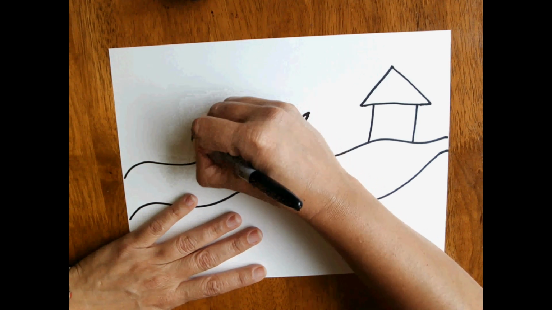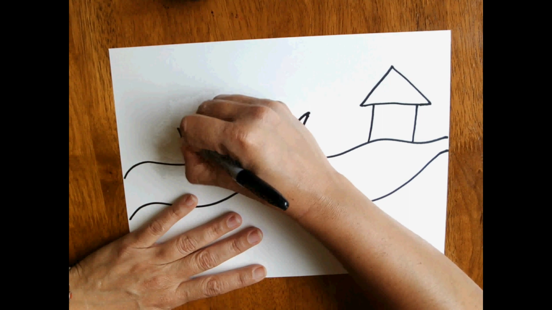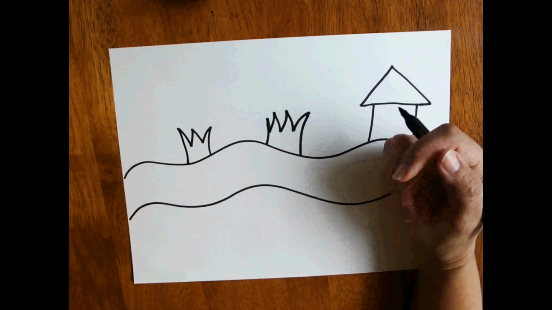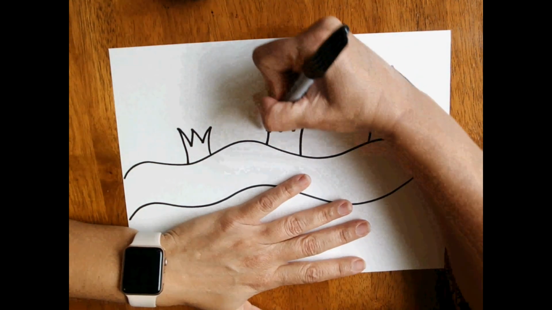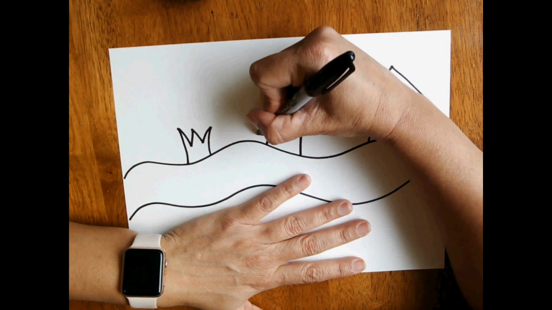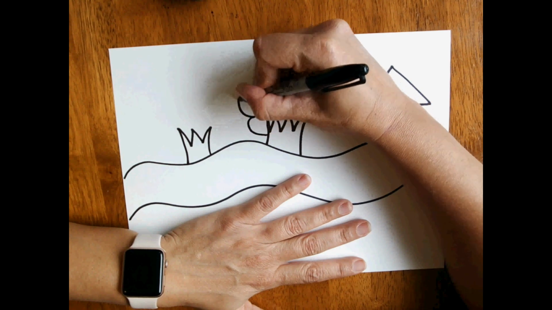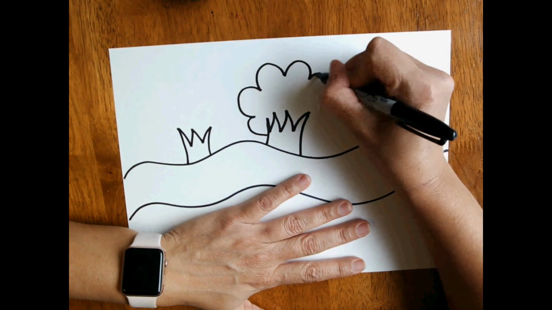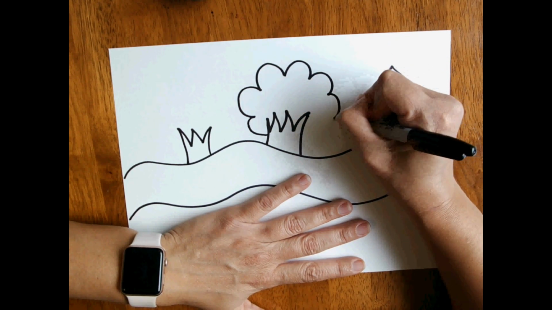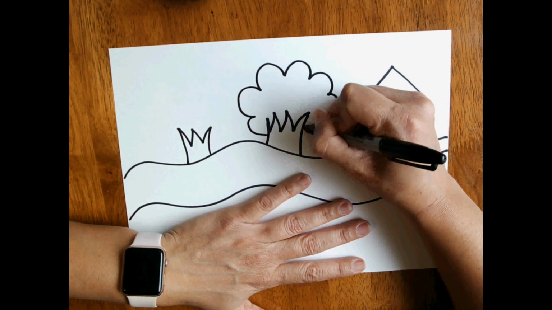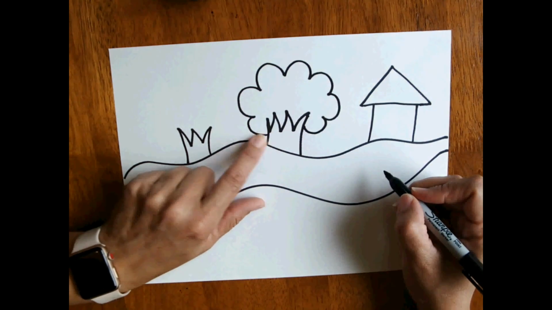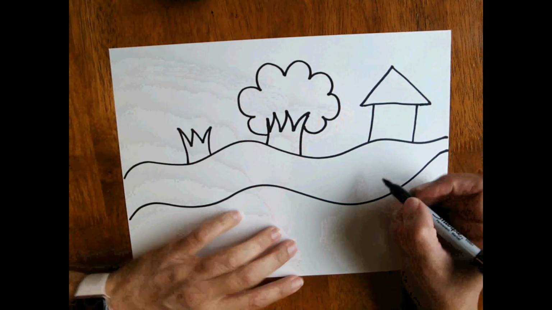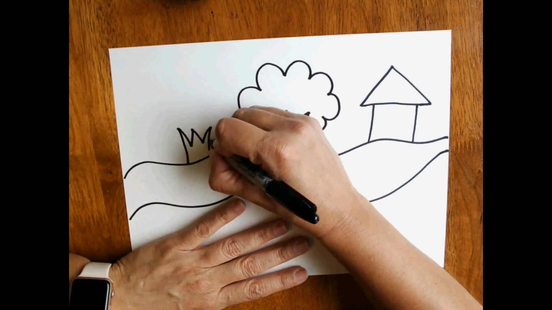More like a W. That's what it looks like. Yeah, a W. Now there's the trunk of my trees, and we're going to make this pop artish art. I'm going to create the top of our tree, and it's creating, as you can see, curved lines and connecting them. I'm going to do the same thing with our other tree over here.